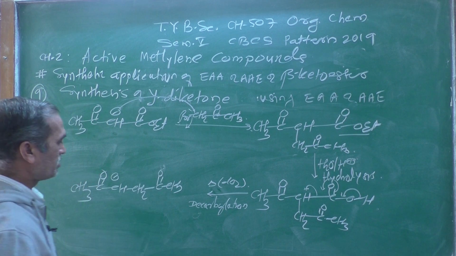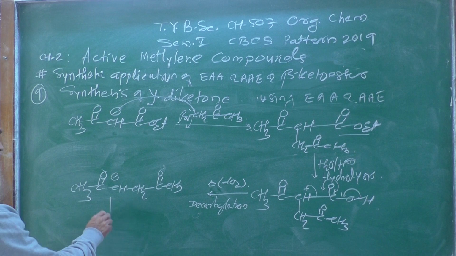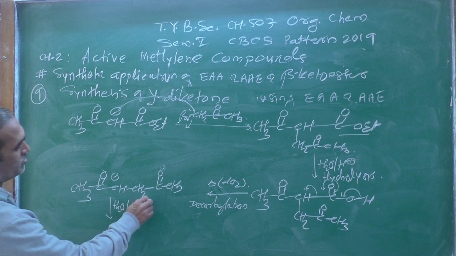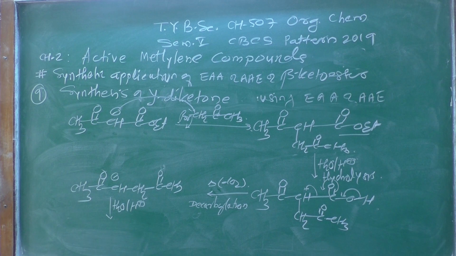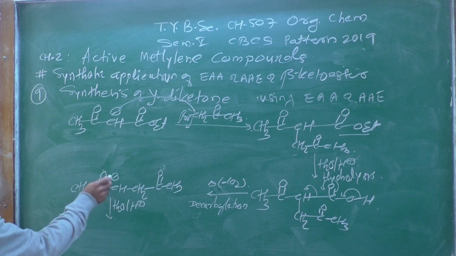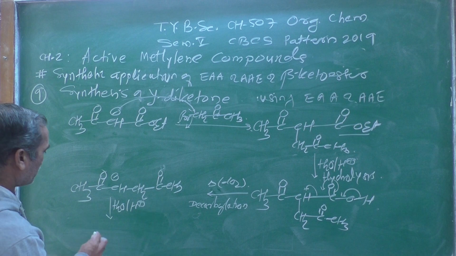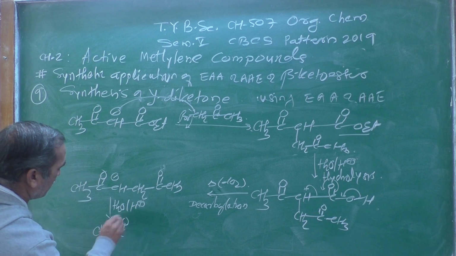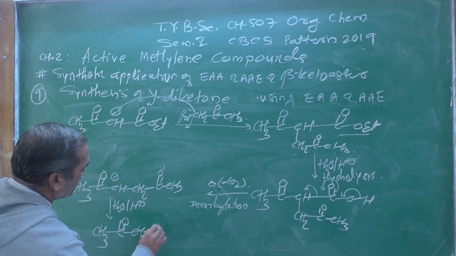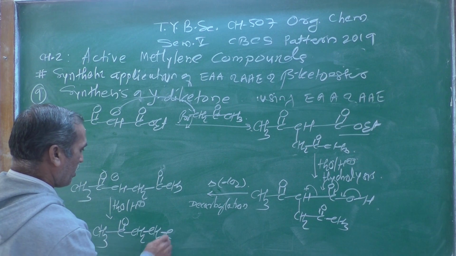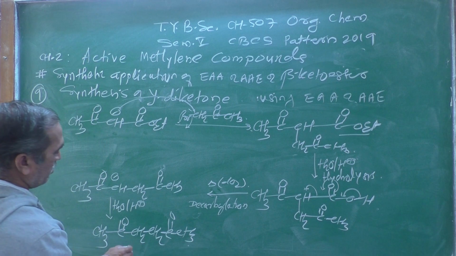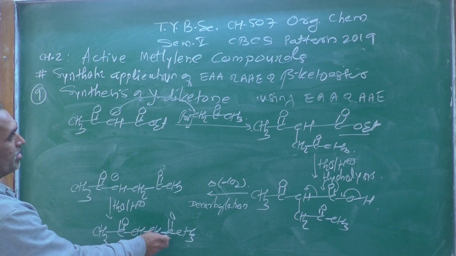Then there will be another process which is known as protonation. During the workup, this carbanion can pick up the proton from here, and you will get the final product CH3, C double bond O, CH2, CH2, C double bond O, CH3, which is alpha, beta, and gamma.